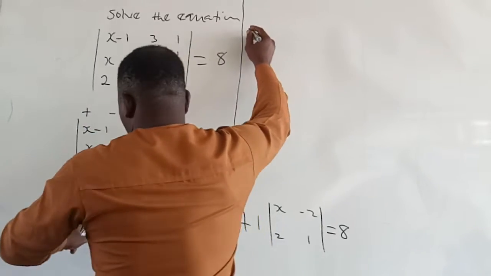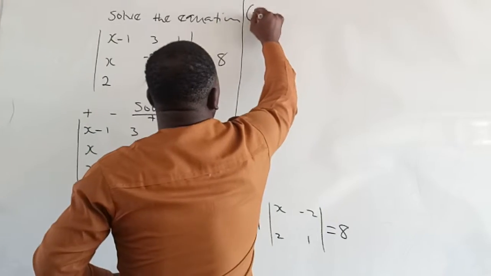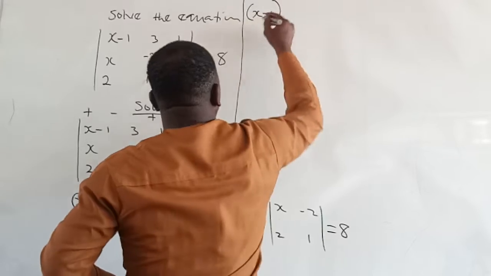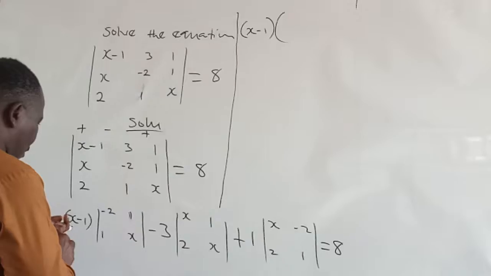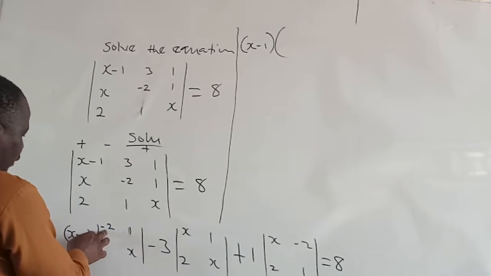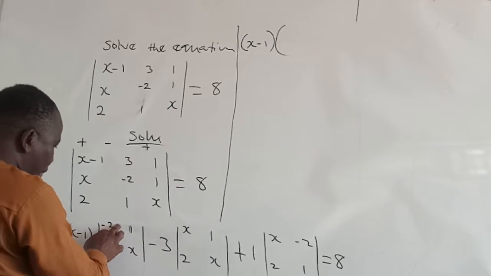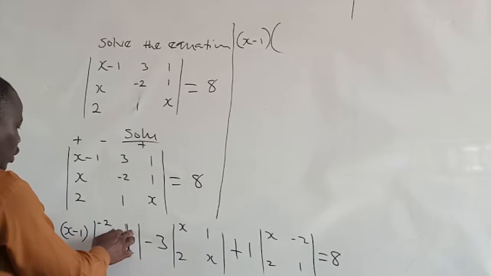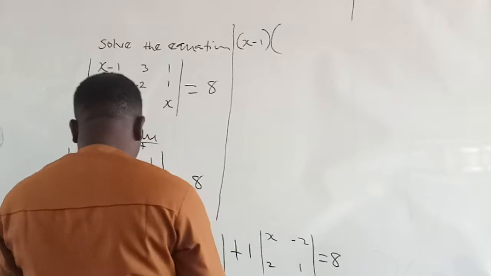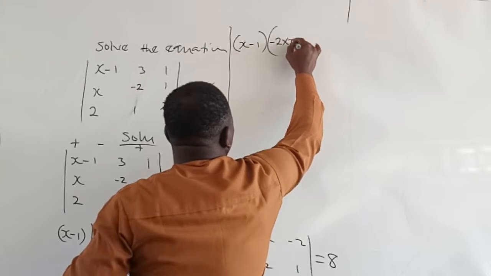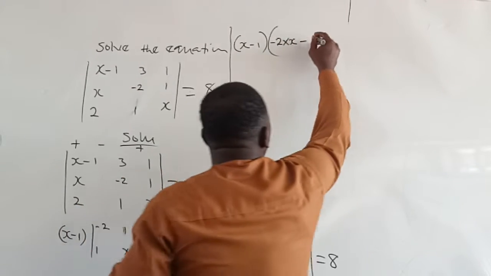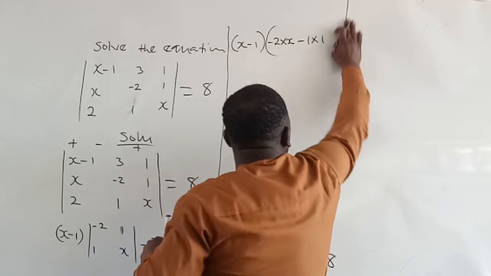that we are going to write x minus 1 all in brackets, open another bracket again, use this x to multiply this minus 2, then minus, use this 1 to multiply this 1. It implies that we are going to have minus 2 times x minus 1 times 1.